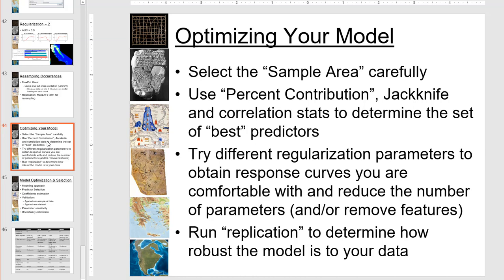The percent contribution within the Jackknife can be used to determine the best predictors, and I recommend not only studying those, but trying different ones. And definitely try different regularization parameters to really get the response curves you're comfortable with, and publish with the response curves. Okay, very important to do that, so we're seeing how complex those are. And then run replication to determine how robust your model is against your data.